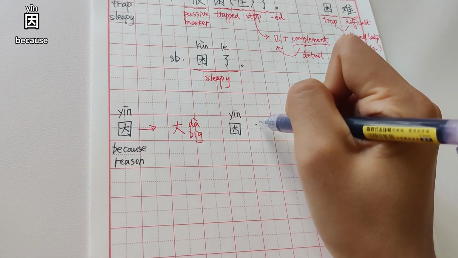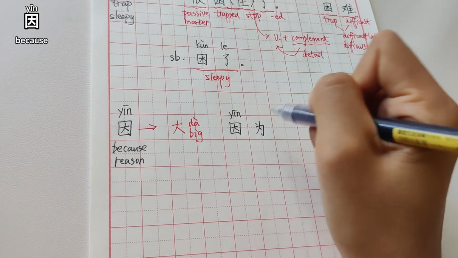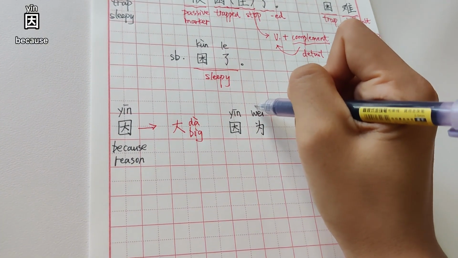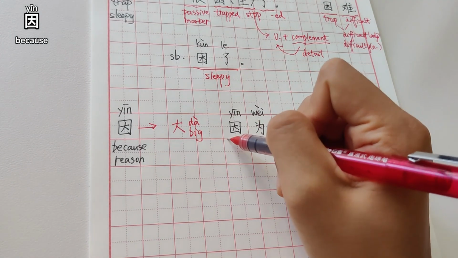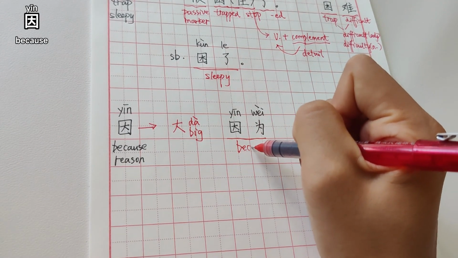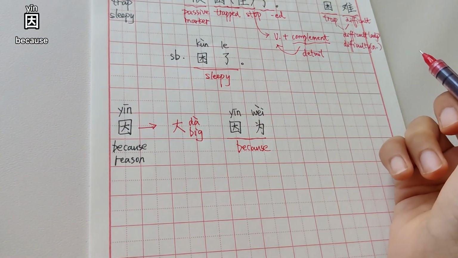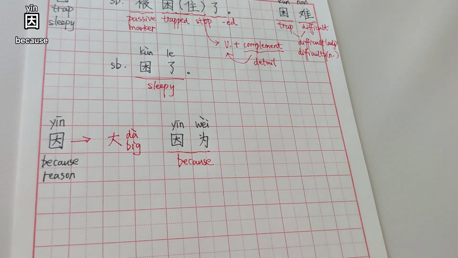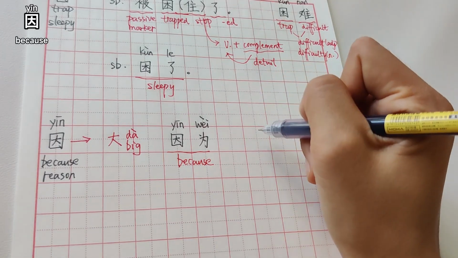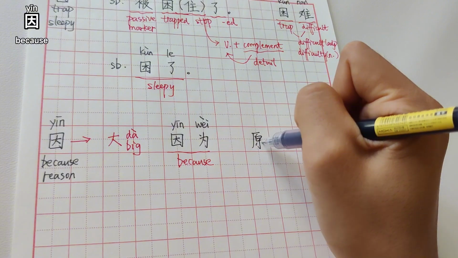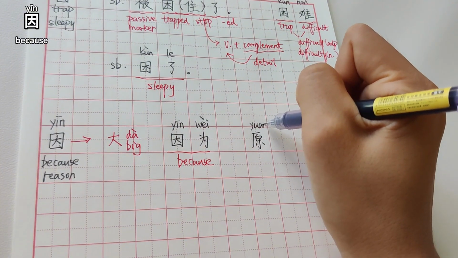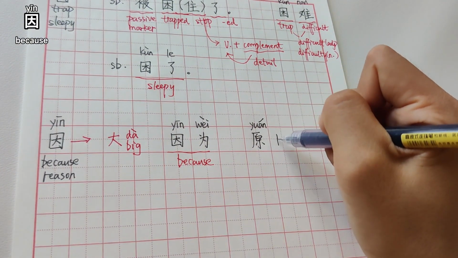因为. It would be because. It just means because. And 原因.